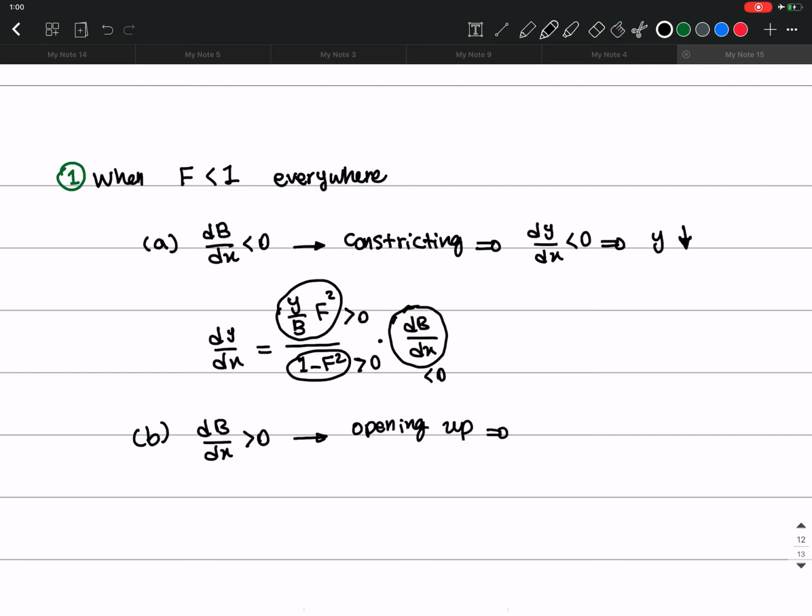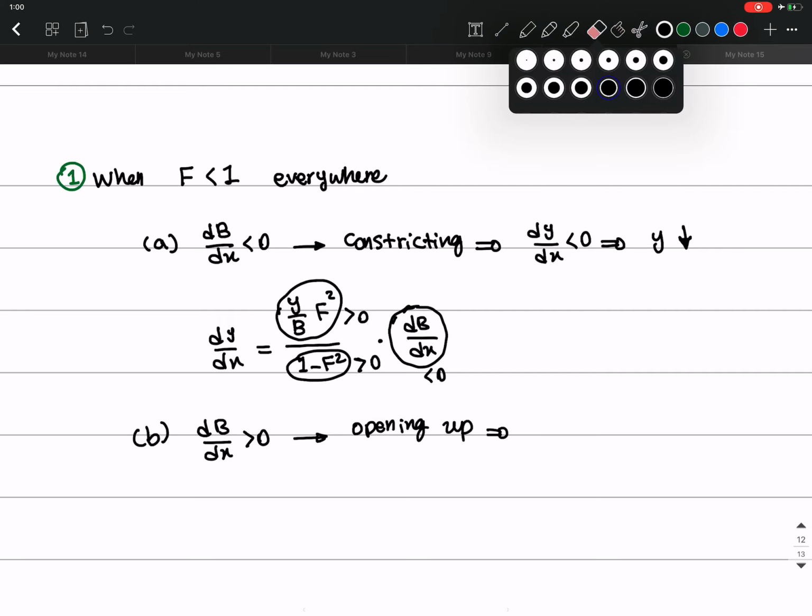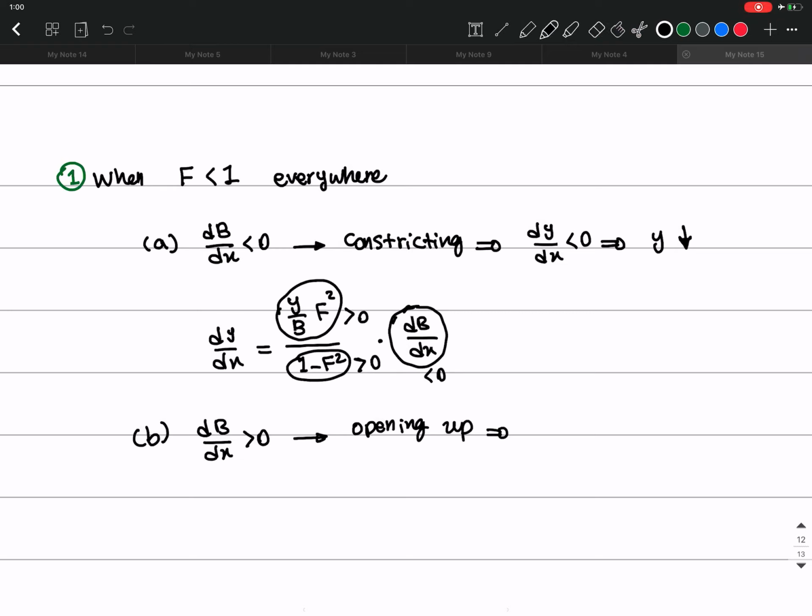So in this situation, when dB over dx is positive, this term is going to be positive, so the whole dy over dx is going to be positive.